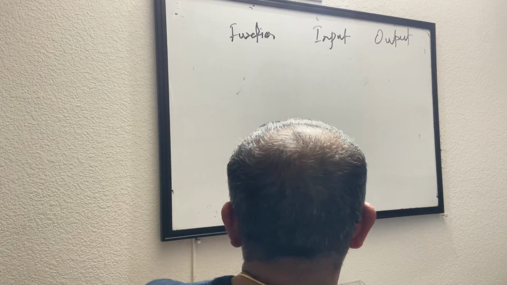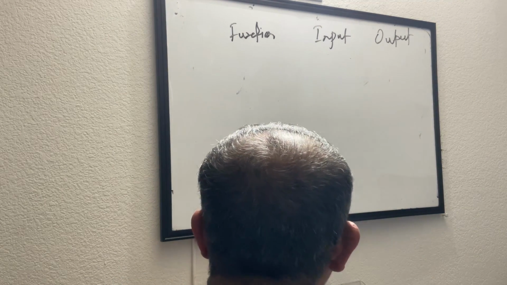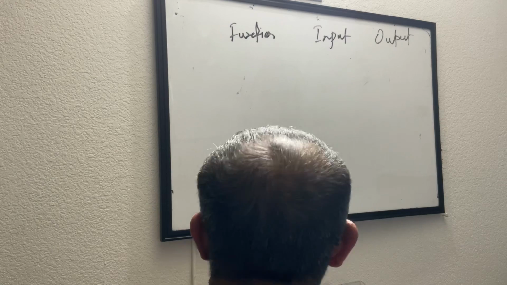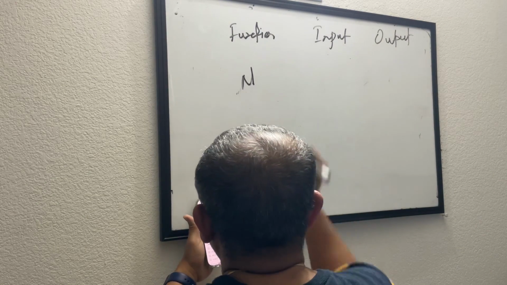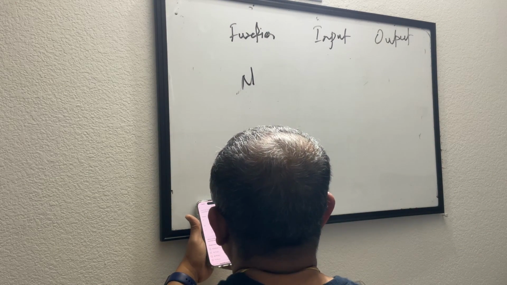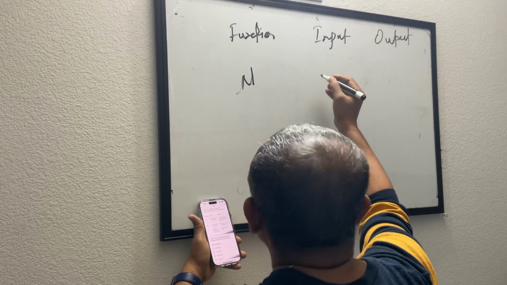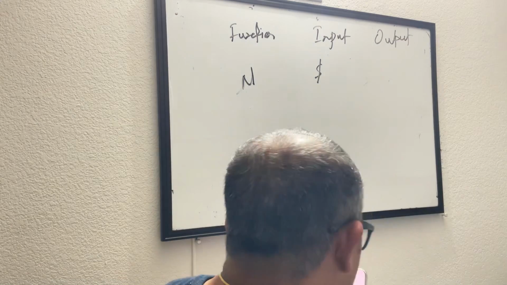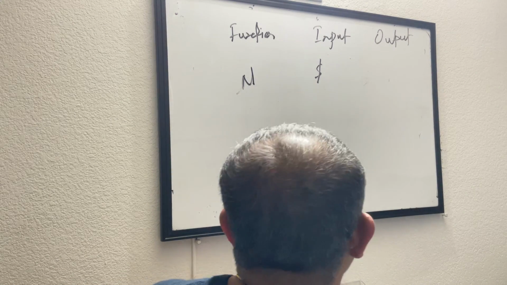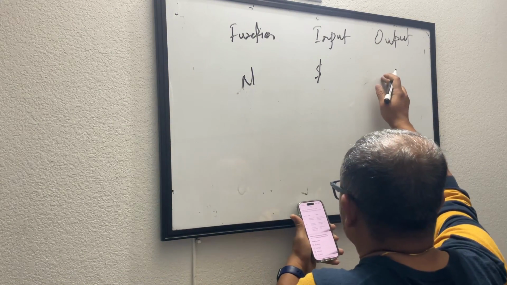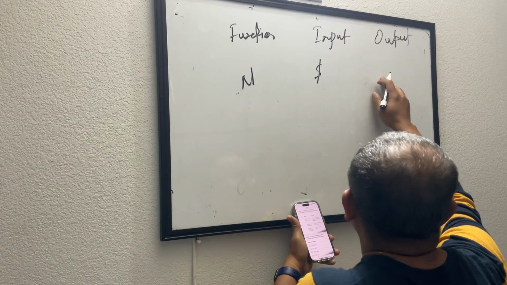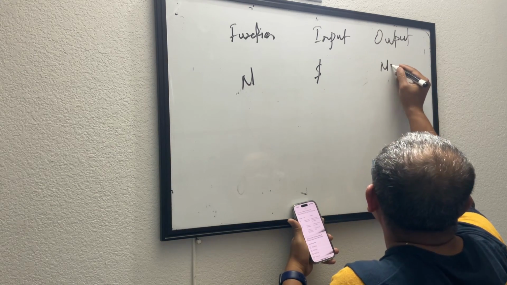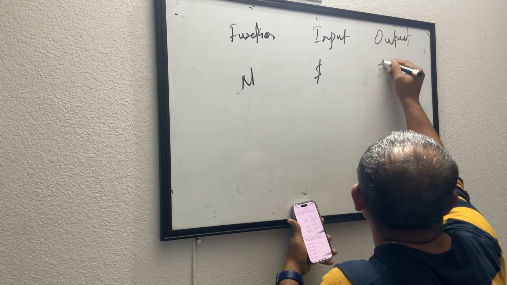Now there is a function n where the input is dollars saved for the party. How many dollars he has saved for the party? And the output is the number of people Dennis can invite to the party.